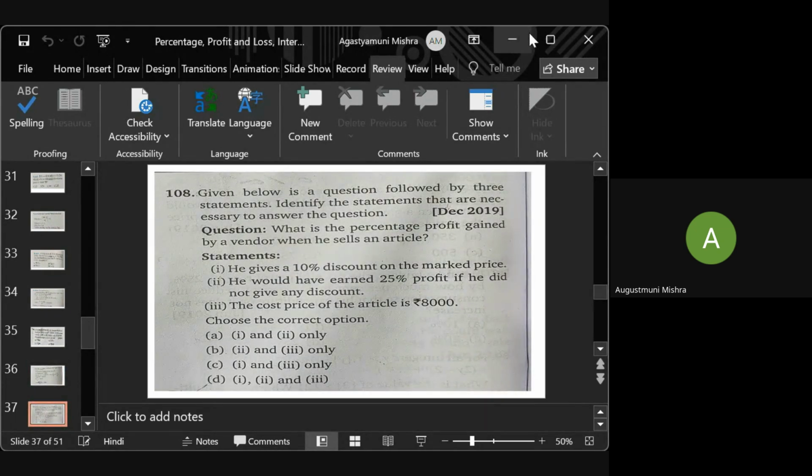Now this is another question. You can start solving because this question also came, a similar question came in my exam, so this is also very important.